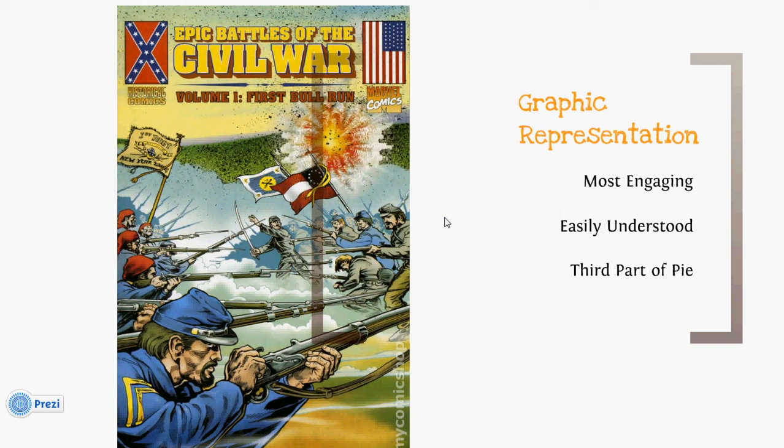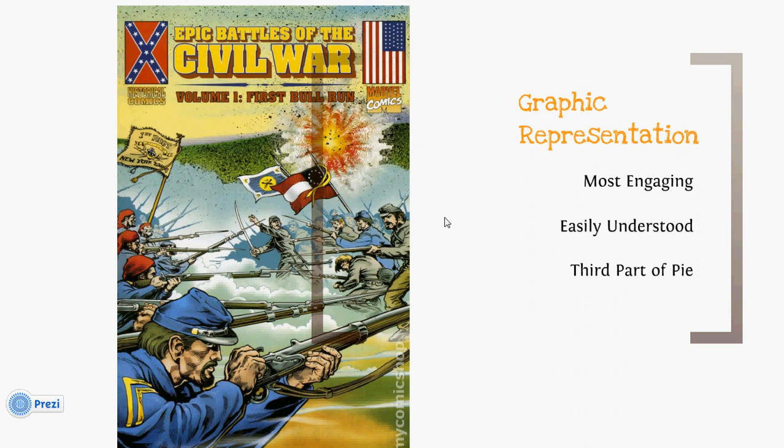But that's also why it's the third part of the pie. It doesn't necessarily evaluate any key themes unless you're analyzing it specifically for that. Reading by itself, it's just, oh, well, this is a battle that happened in the Civil War, and it doesn't necessarily speak a lot more to that.